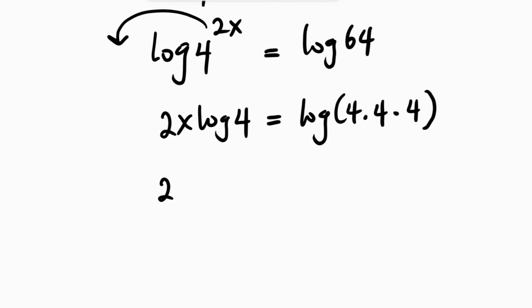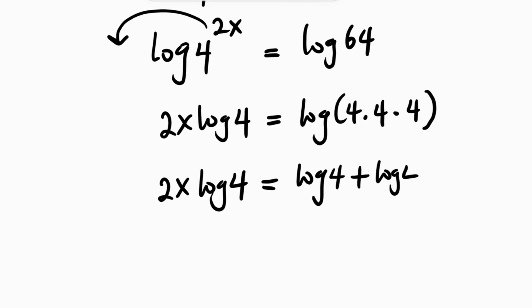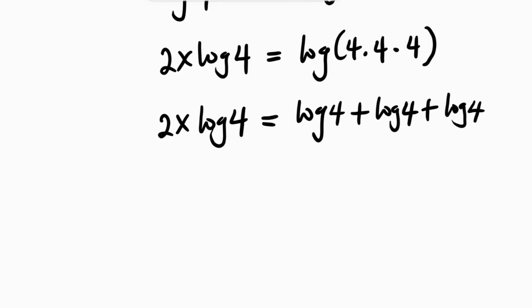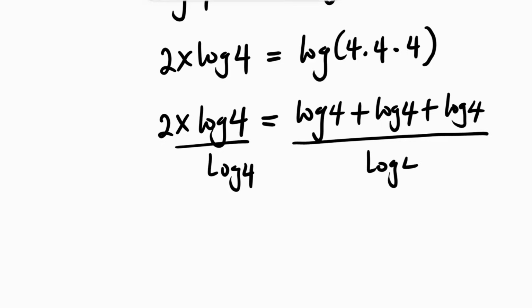Okay, so now we have 2x log 4 equals log of 4 plus log of 4 plus log of 4. So now let us divide both sides by log 4.